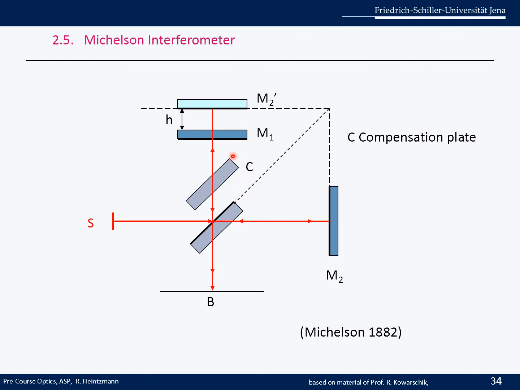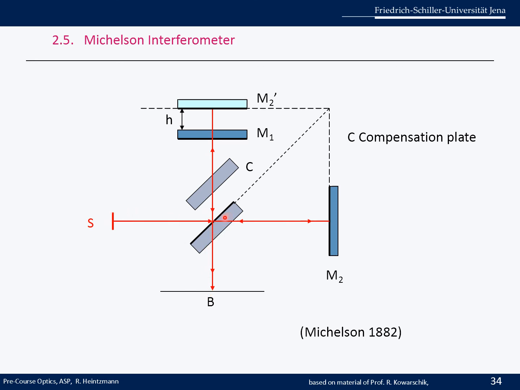As you see, what is different from the version before is that we now have this C here, which is a compensation plate. Think about what happens. The light transmits here, so it has to pass through this slab of glass, which we need to support this mirror surface. It has to do that once, twice, and then three times when it comes here.